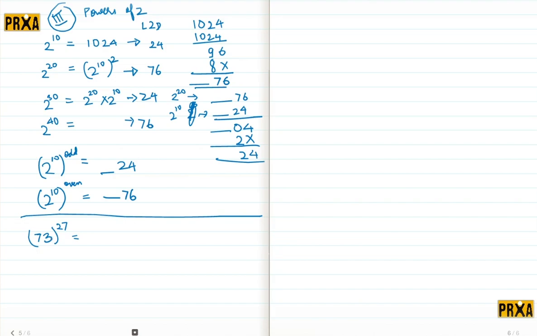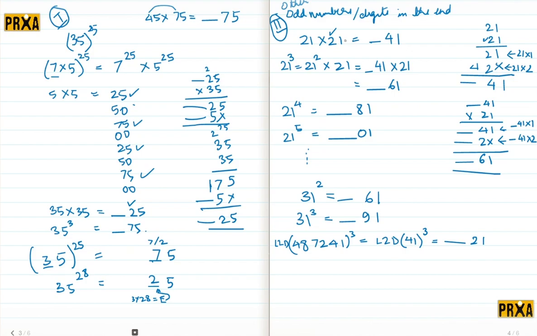So 3 having a cyclicity of 4 means that ultimately somewhere down the line, some power of 73 would have the last digit 1, right? Now does it start to make sense? The second part that we did here, we've figured out how to manage when I have the last digit 1, right?